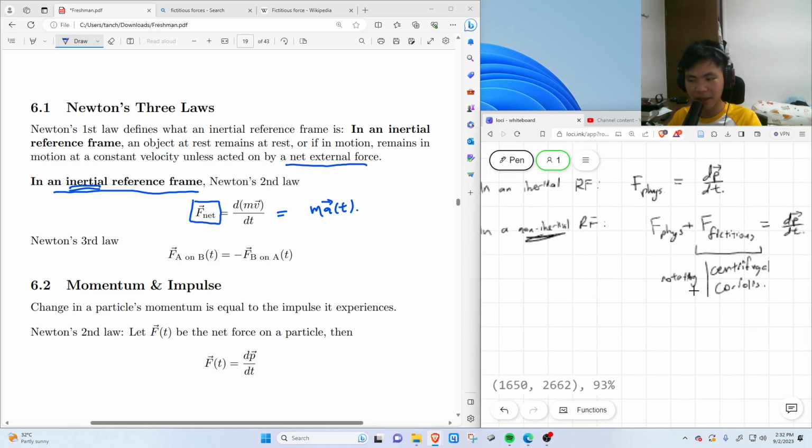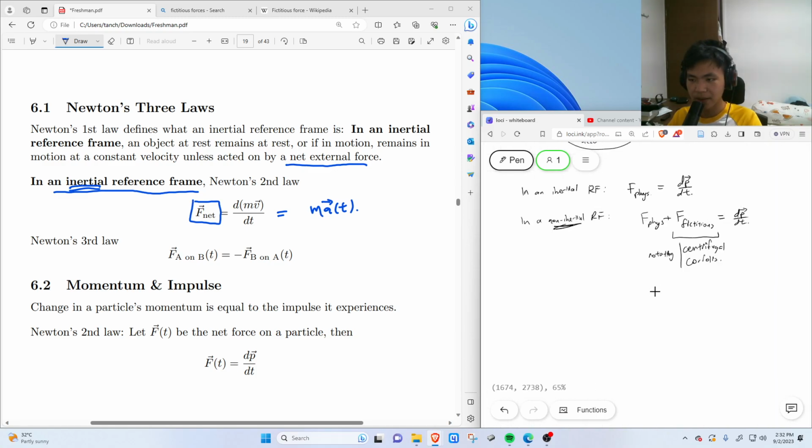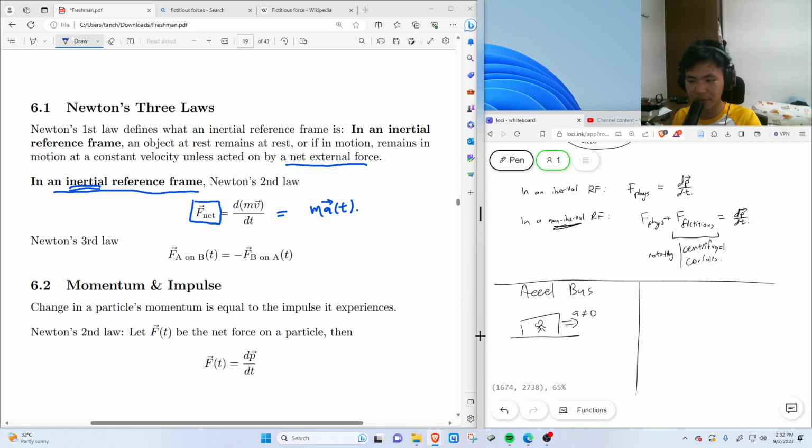I said I wanted to talk about two examples. The first example is an accelerating bus. If I'm in a bus and the bus accelerates off at some non-zero acceleration, then I'm going to feel like I'm suddenly being flung back to the back of the bus. But if I look around me, are there any forces acting on me horizontally? No, there are no net forces.